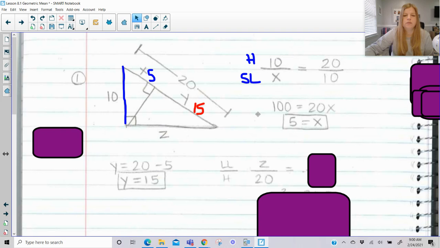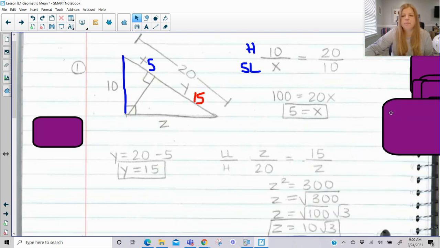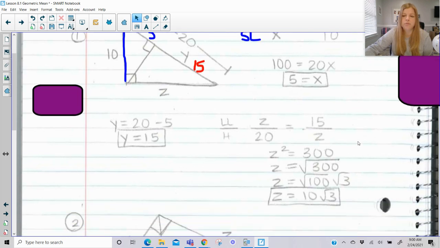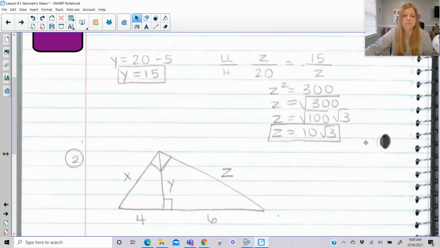So z over 20, long leg over hypotenuse, would be equal to the long leg of 15 over the hypotenuse of z. So another long leg and hypotenuse. Cross multiply, we get the square root of 300, which ends up being 10 radical 3.